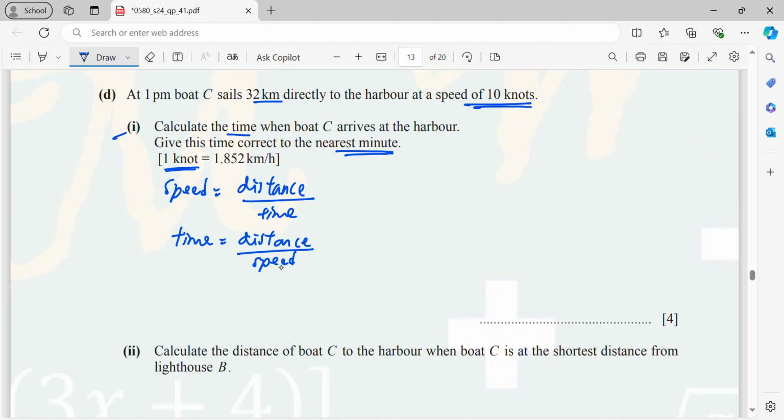Therefore, this is 32 kilometers over the speed, 1.852 kilometers per hour. So when you divide this, you are getting hours. So this is going to be, okay, it is 10 knots, right? 1 knot is 1.852. So this one I have to times 10 for the denominator.